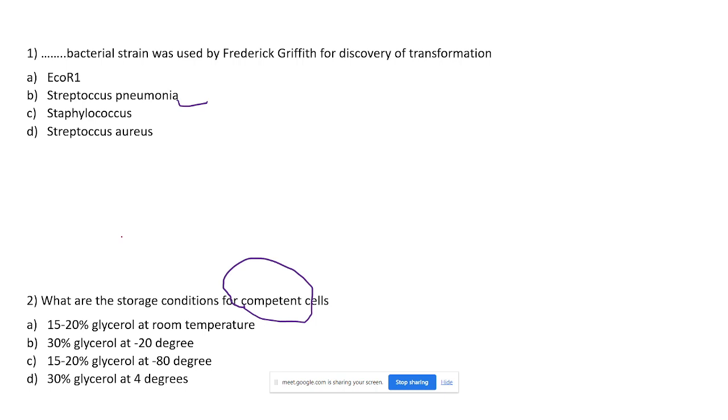Think more. Suppose you take a vial of competent cells and thaw it. Whenever you are thawing competent cells, you have to make sure that you thaw at 4 degrees or on ice. So when you are thawing at 4 degrees, that obviously means it is not stored at 4 degrees, first of all.